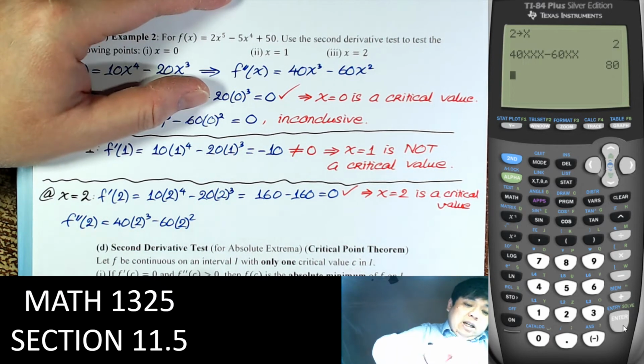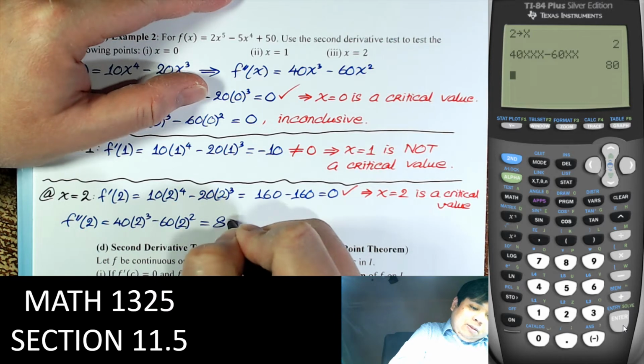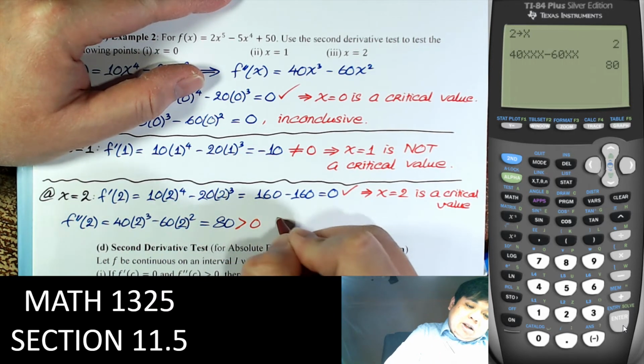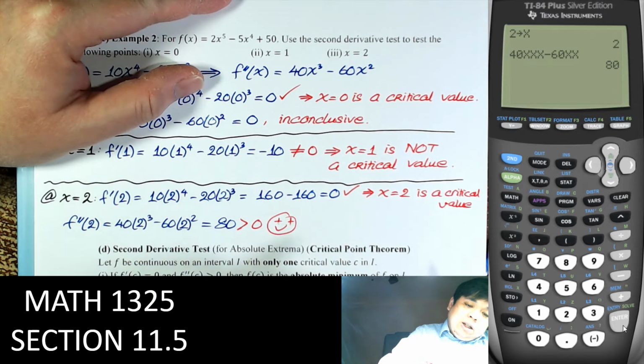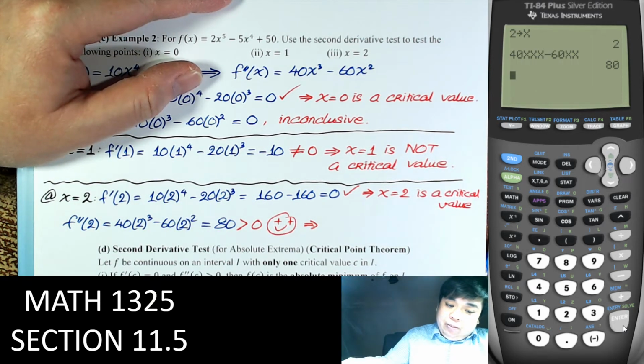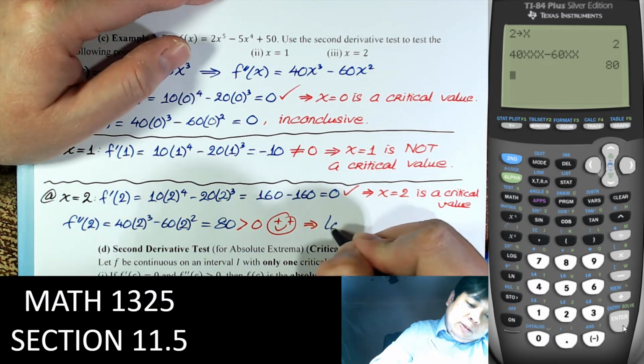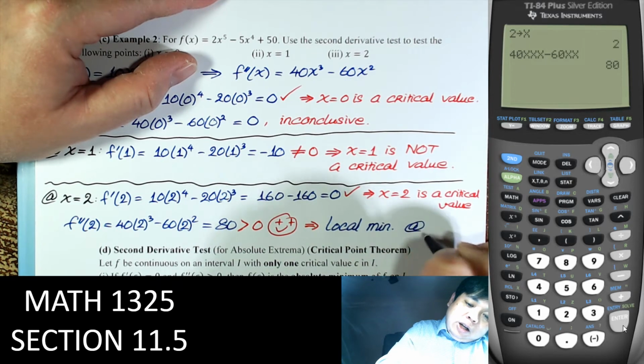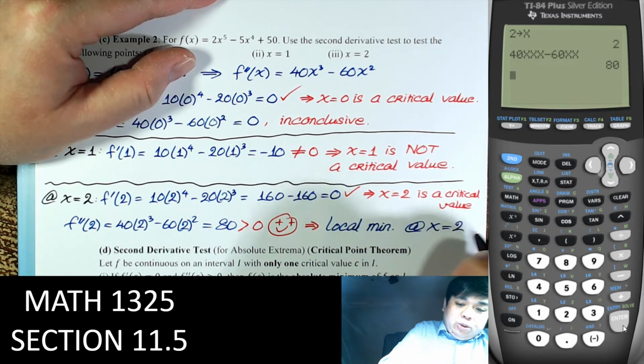And that is 80. Positive, that means concave up. So we have a local minimum occurring at x equal to 2.